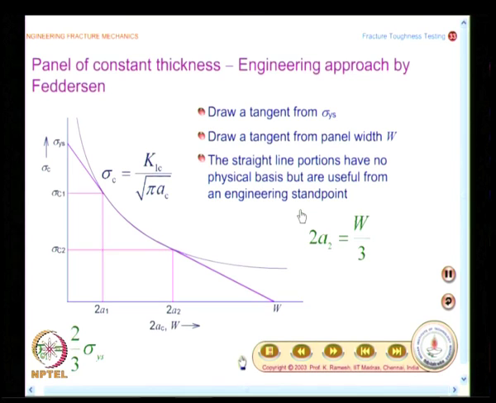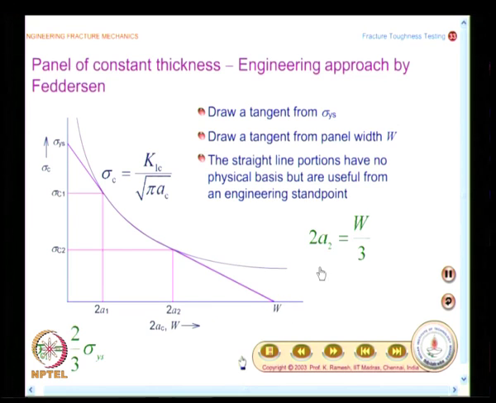They have brought in certain thumb rules and simplifications, and they have made your life simple for applying fracture mechanics concepts to practical geometry. So, this is the way that he has given. So, you are not taking the complete curve, you will have a straight line portion, a curve, and a straight line portion.